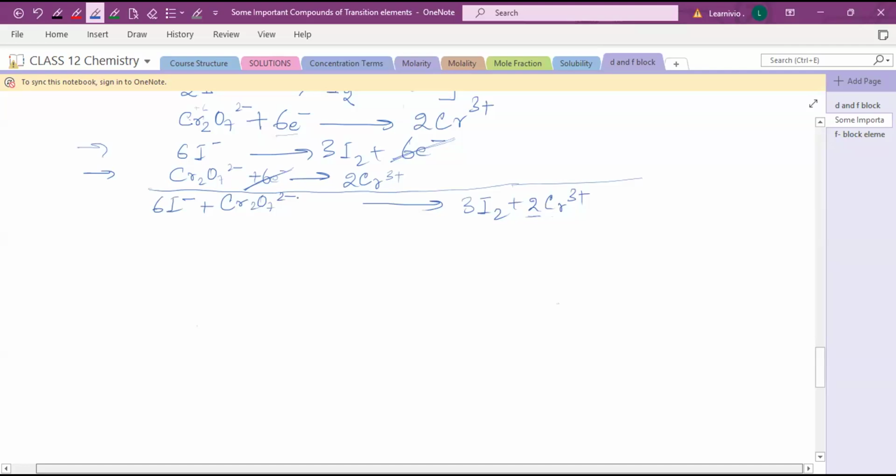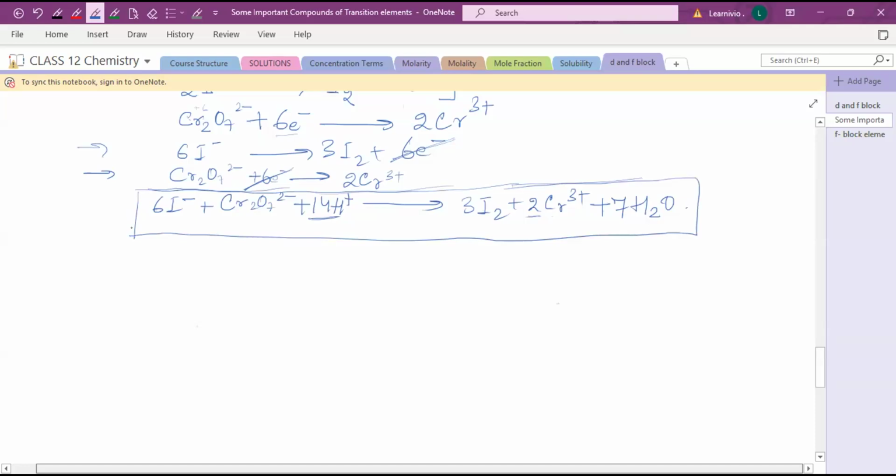So for 14, you will add 14 H+ ions to balance this equation, on the left side of the arrow. And on the right side, you write just half of this, so 7H2O. This is the combined balanced chemical equation, the balanced redox reaction.